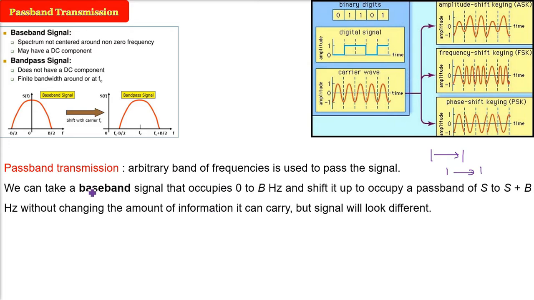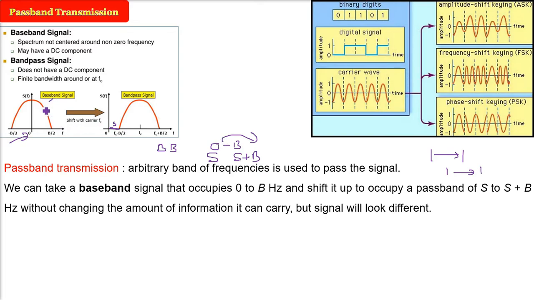So the best way is to take a baseband signal. We know that it goes from 0 to some B hertz, if B is the bandwidth, and you can shift it by S. When you shift it by S, it goes from S to S plus B, because you are not changing the amount of information it can carry.